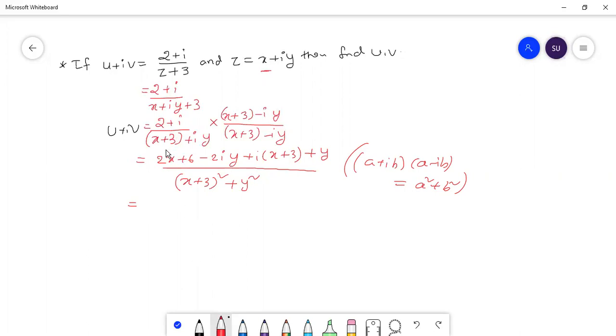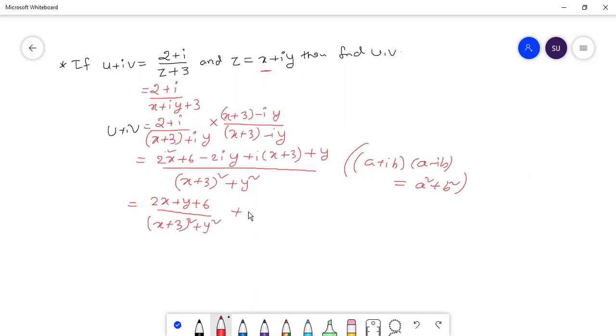What are the real parts here? 2x is a real part, y is a real part, 6 is a real part. That means (2x plus y plus 6) whole divided by (x plus 3) whole square plus y square.